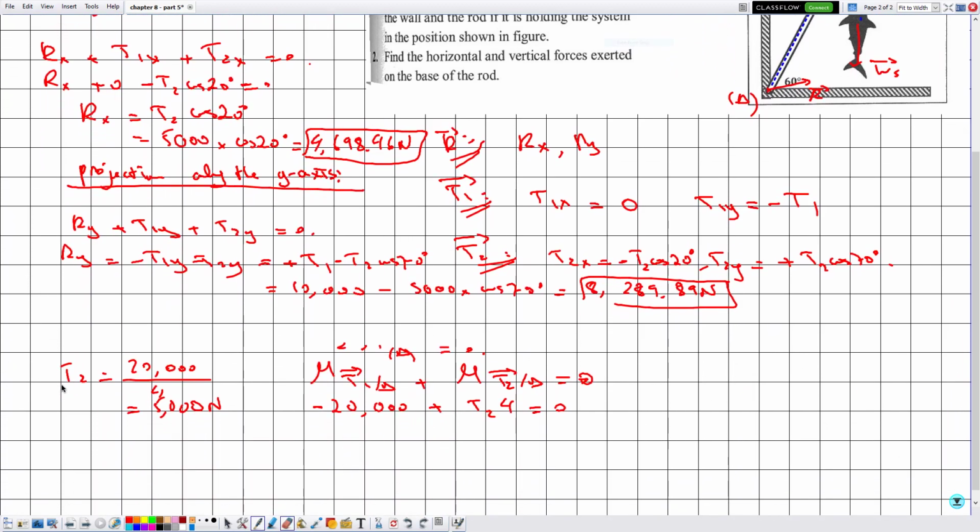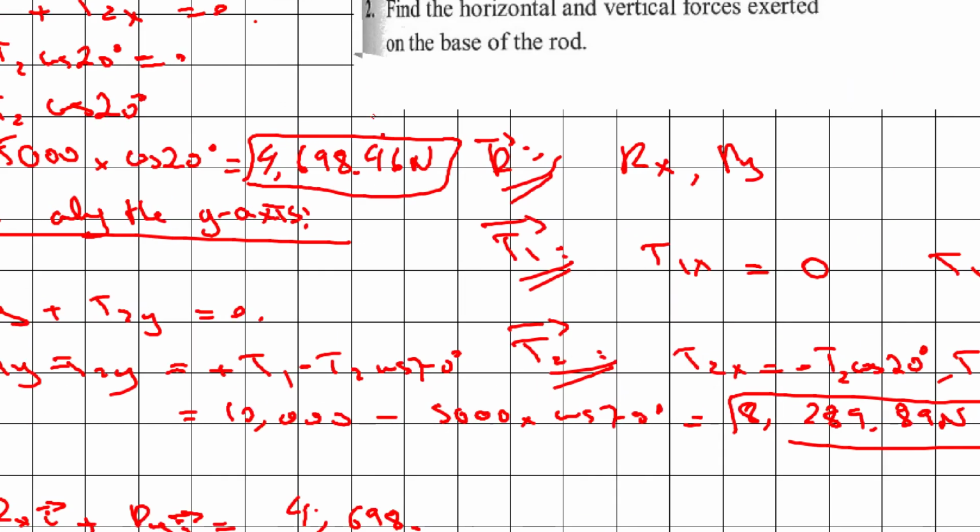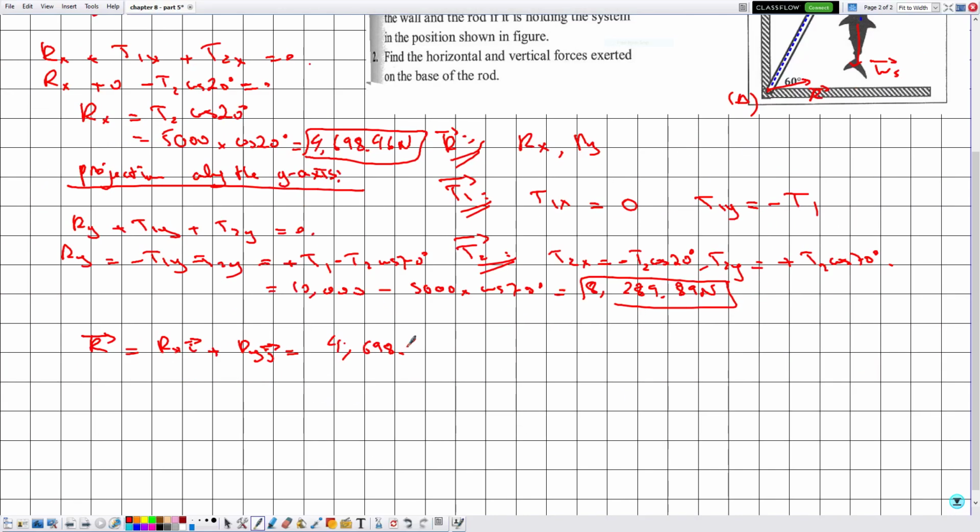So now R can be written in a compact notation, which is the vector notation, R equal to Rx i plus Ry j, which is equal to 4,698.46 multiplied by the unit vector i plus 8,289.89 multiplied by the unit vector j.